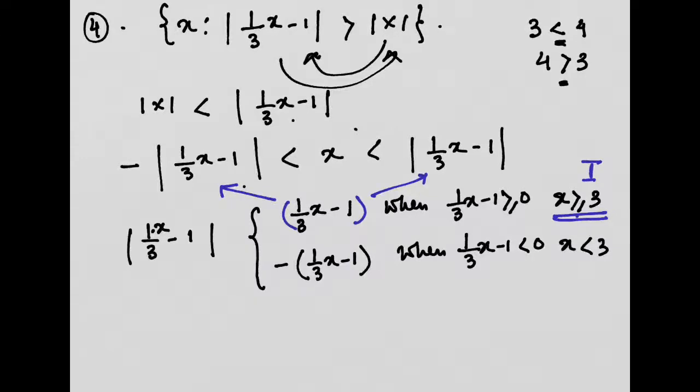Or in case 2, where x is less than 3, I have to put this value also in these two places and see whether I am getting the solution or not, considering that x is less than 3. So first do case 1, then case 2.